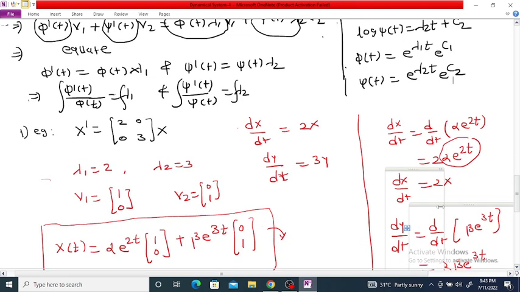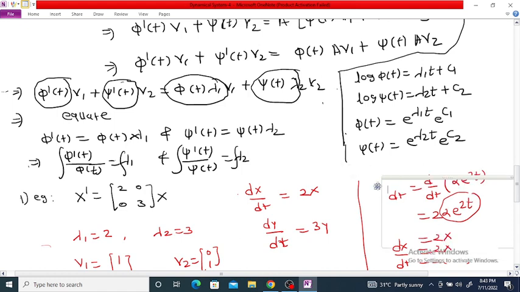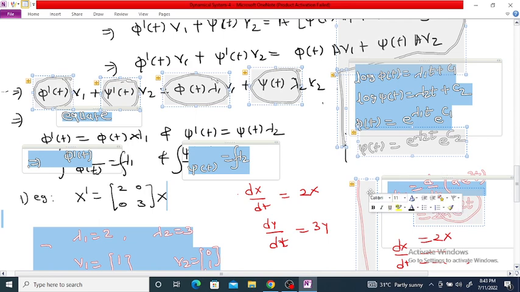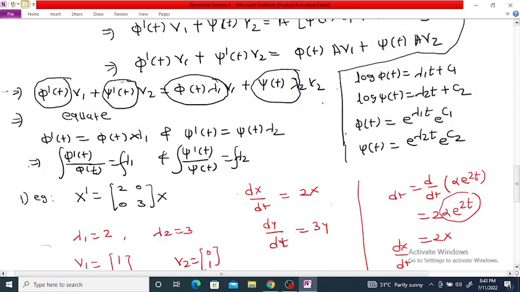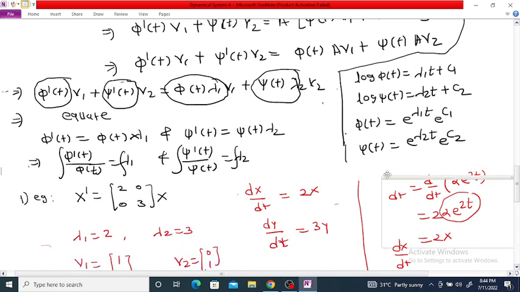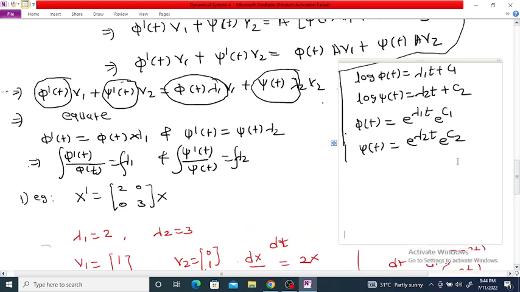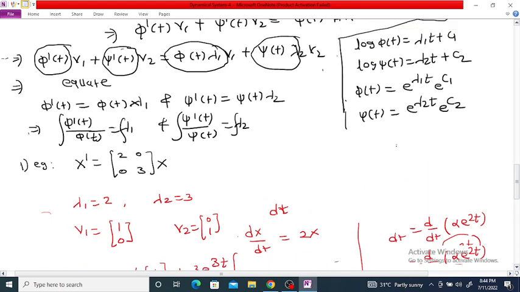Now this implies, what is phi of t here?